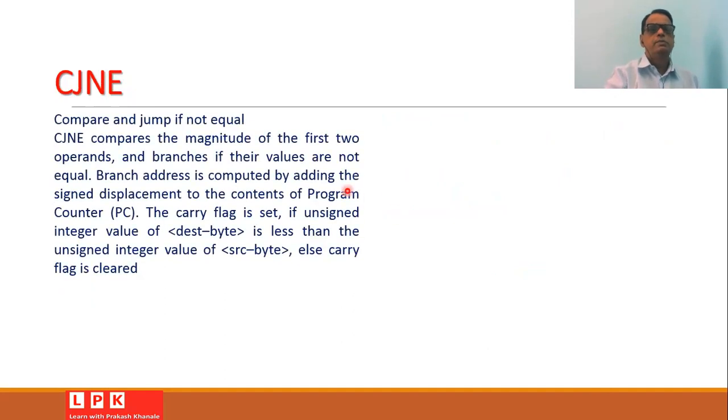Another instruction that is used in jumping is compare and jump if not equal, written as CJNE. This instruction will compare the magnitude of the first two operands. It has 3 operands. The magnitude of the first 2 operands will be compared, and the branching will take place if their values are not equal.